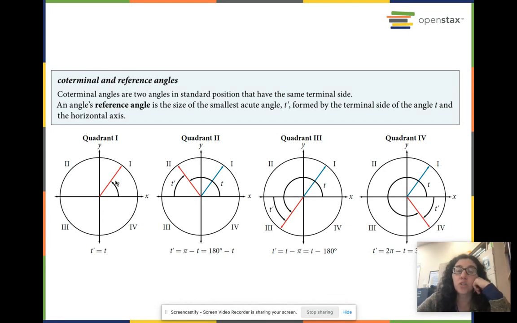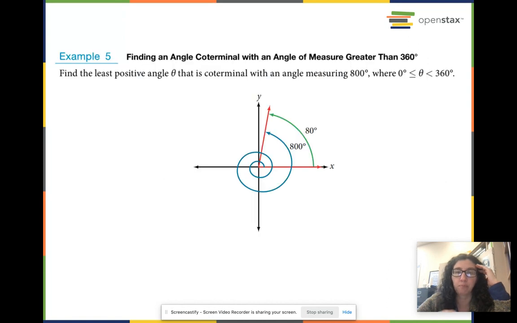We're just talking about reference angles for different places that the terminal side could be. The reference angle is the angle between that terminal side and the x-axis, so it could look like this, this, or this. We'll talk a lot more about reference angles as we go through different topics this semester.